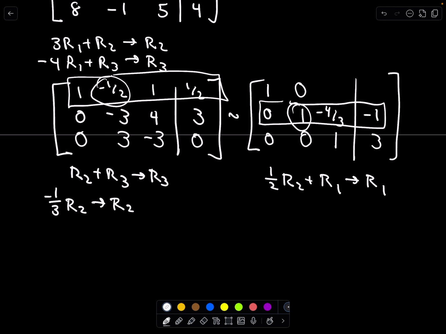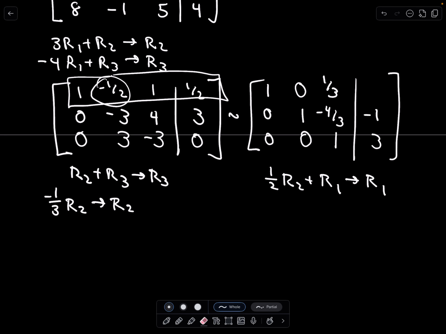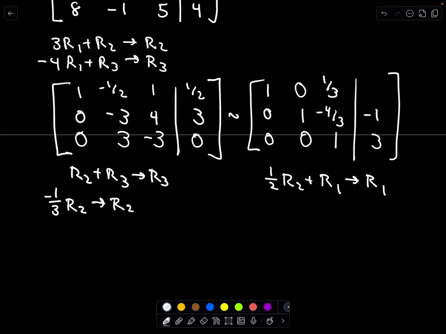So let's see. If I take 1/2 times negative 4/3, that would be negative 2/3. And I would add to that 1, so that would give me 1/3. And if I take the last step, if I take 1/2 of negative 1 and add to that 1/2, that looks like 0.